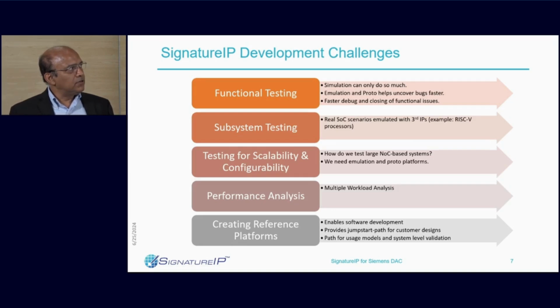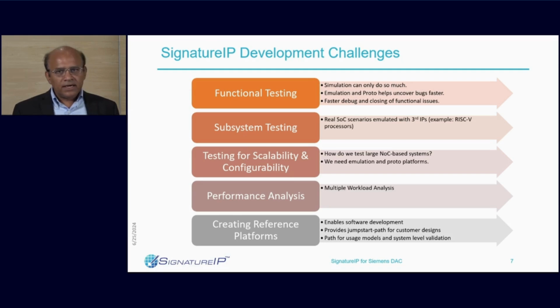So this is where Signature IP development challenges come in, right? All those things are addressed by the flow that we just mentioned: functional testing, subsystem testing, testing for scalability and configurability, performance analysis, and creating reference platform.